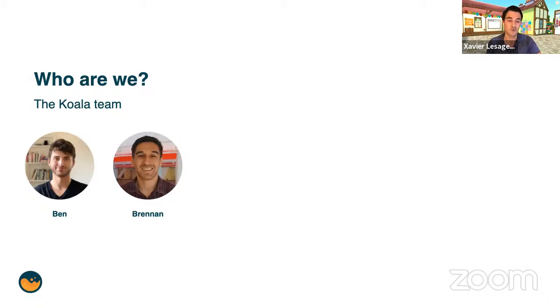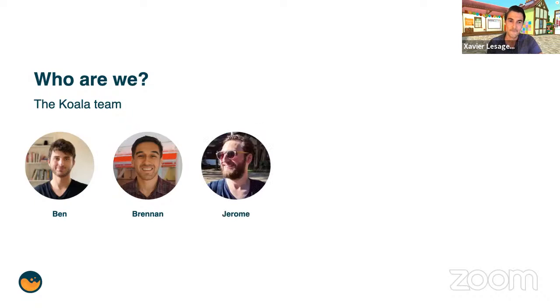Brennan is also a brilliant programmer. He's building Koala. His mother happens to be a teacher as well, and he is in California. Jérôme is our brilliant 3D artist. So he is, the background that you see behind me here. This is Jérôme's creation. He's a very well-rounded 3D artist, and he happens to be dyslexic.